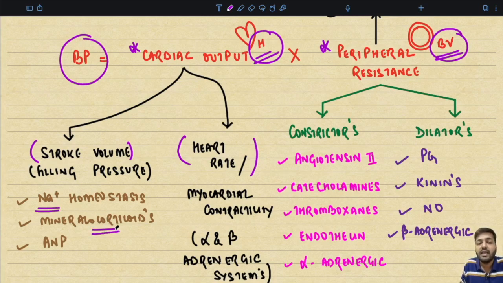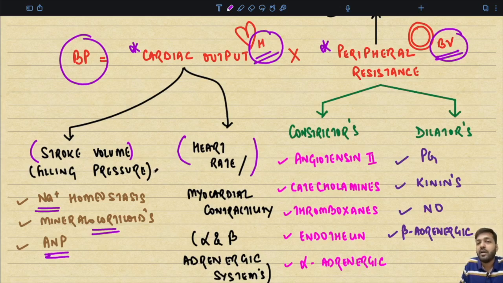which again has a role in the amount of sodium in the body, and the release of atrial natriuretic peptide, which is causing natriuresis. So mainly, the stroke volume or the filling pressure is dependent on the amount of sodium in the body, because that is going to regulate the amount of body fluid, and ultimately the cardiac output.